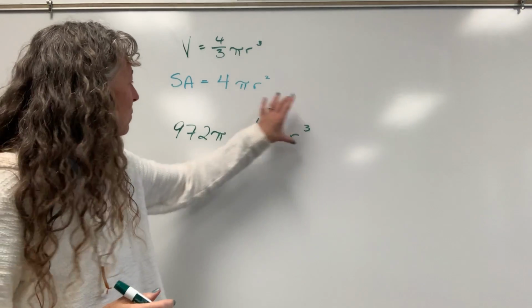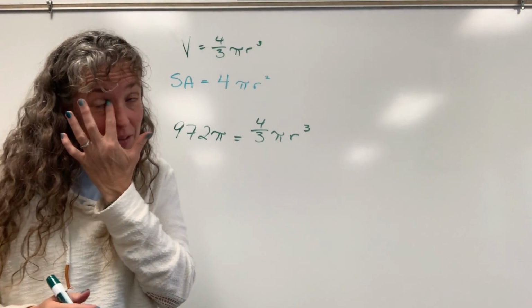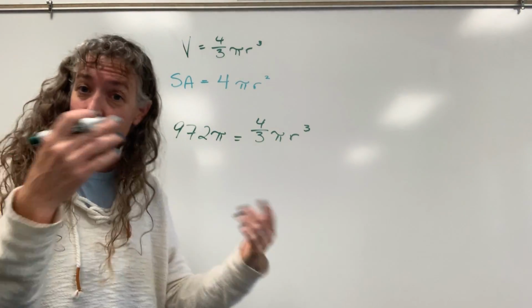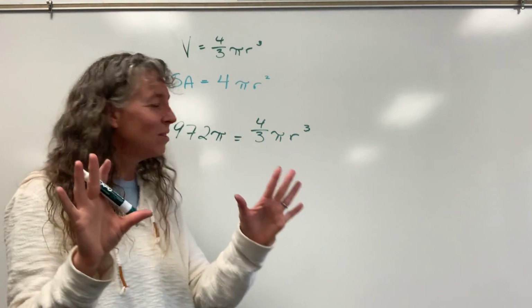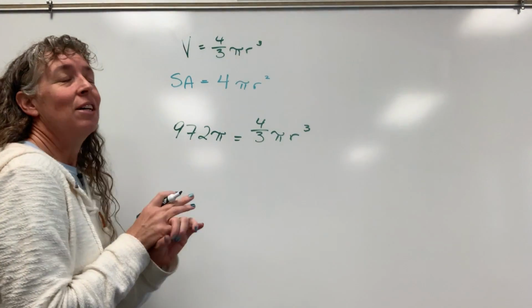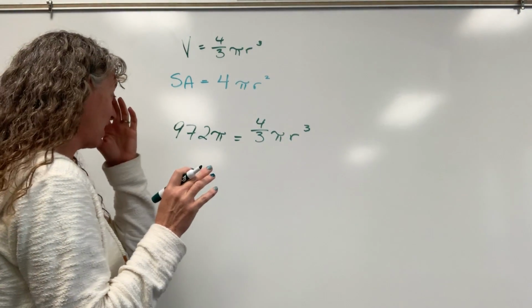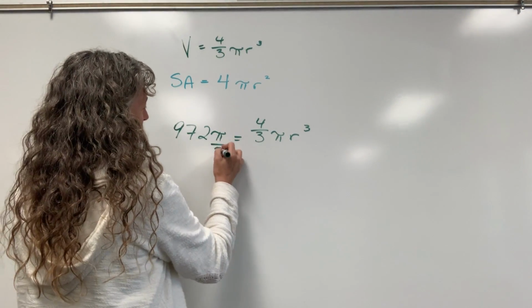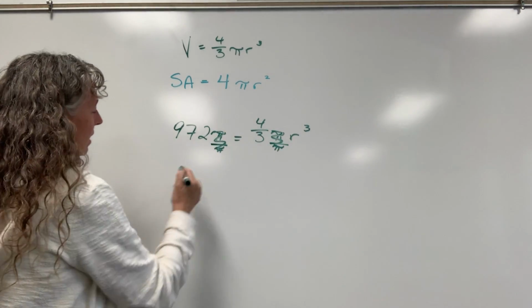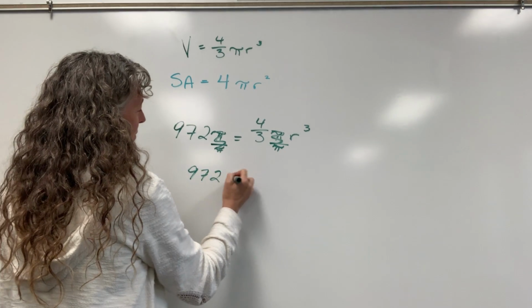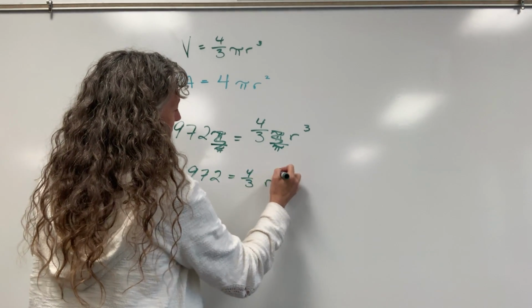That's how we do this. We put our formula, we put what it equals, and now we solve and work backwards to get the radius, and we can turn the radius into the diameter. I know it's exactly the same as number 1, but just bear with me. I'm going to start to need to divide some stuff. If I divide by pi and divide by pi, that's great news, right? Those will go away. So I have 972 equals 4/3 r cubed.